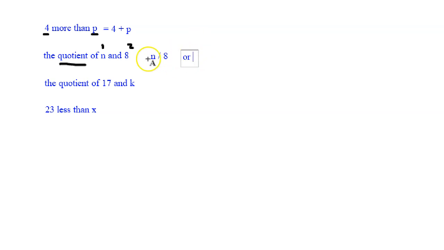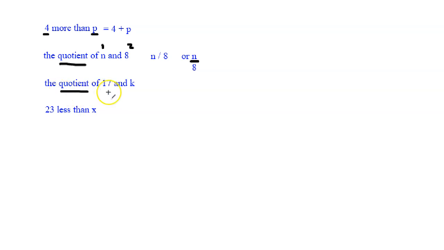Now you can use a division symbol in place of that slash. Because I'm typing on a keyboard, I'll be using the slash more commonly. Now this is the other way to actually write it out, as a fraction bar. All right, now this next problem is pretty much the same as the second one, except the order of the variable and the quantity that we do know.